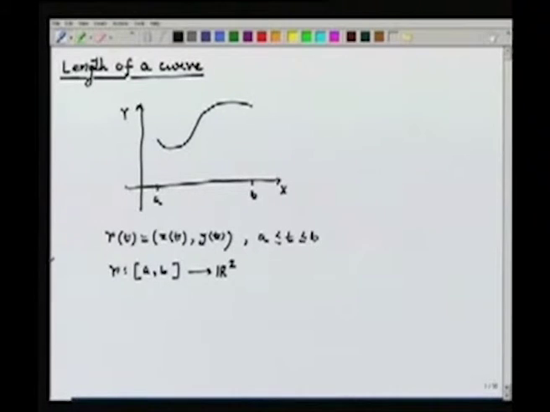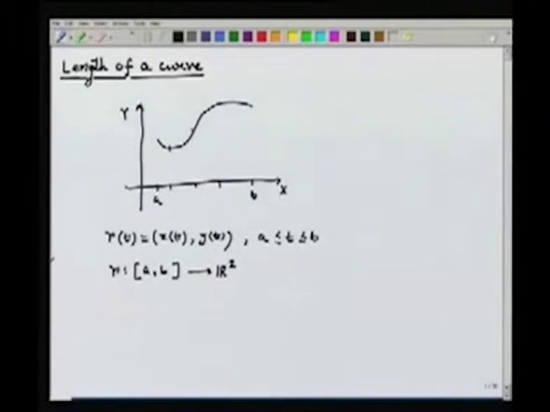Now, how do we go about determining the length of that curve? What we do is, first we take a partition of [a, b], let us say by a few points, and then we plot the corresponding image of those points under r on the curve. They look something like one point here, one point here, one here, and the other one here.